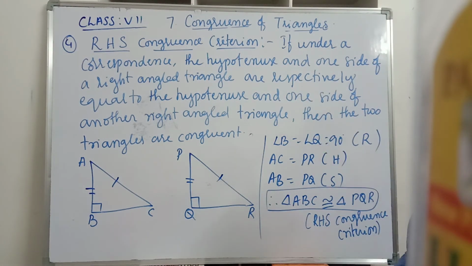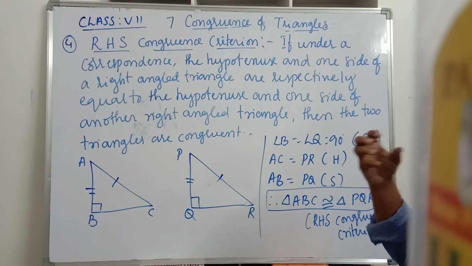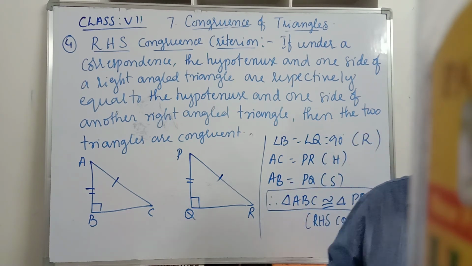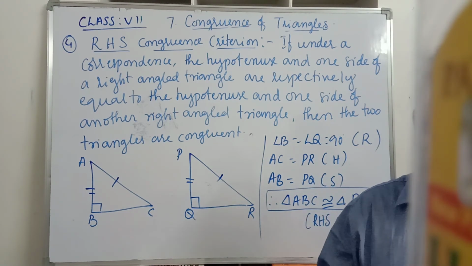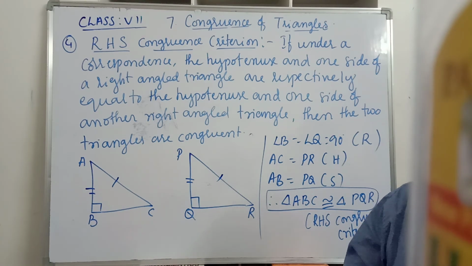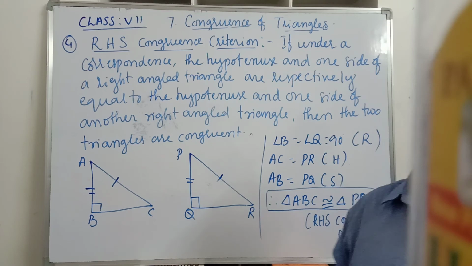The fourth one is the RHS congruency criterion. Under a given correspondence, if the hypotenuse and one side of a right angled triangle are respectively equal to the hypotenuse and its corresponding side of another right angled triangle, then the two triangles are congruent triangles.